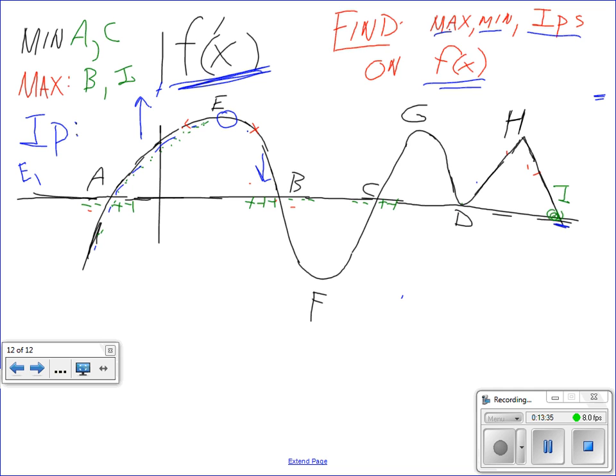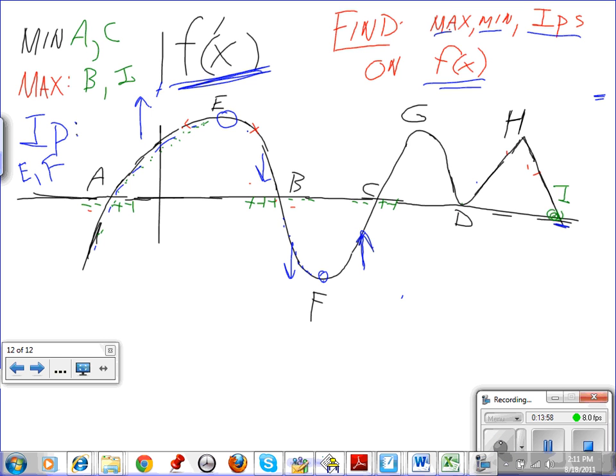Same thing as you see, the concavity here is still down, but here, all of a sudden the slope of the first derivative, which is the second derivative, goes positive. So this arrow goes up, meaning from F to G, it's concave up. What does that make F? It makes it an inflection point.